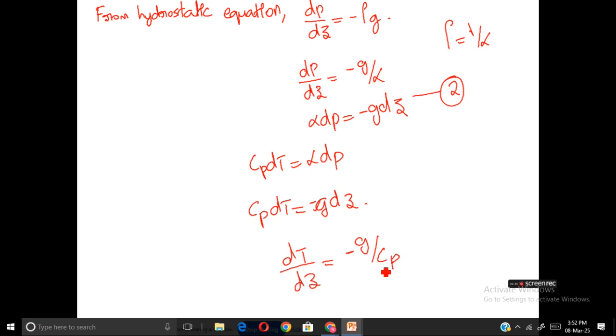So this is how we derived the dry adiabatic lapse rate, right? dT by dz is equal to minus g by Cp, which is minus 9.8 Kelvin per kilometer.